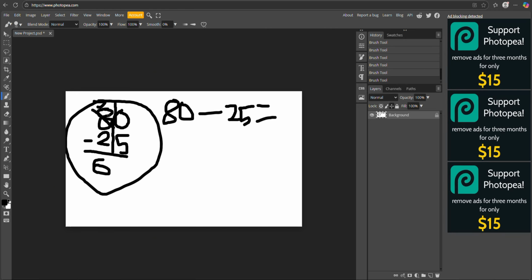And since that 0 is in the 1s place, and 8 is in the 10s place, that would make 0 become 10. Pretend that's a 1 and 0. Now 10 minus 5 is equal to 5, making the answer 65. That's an easy way of solving this.